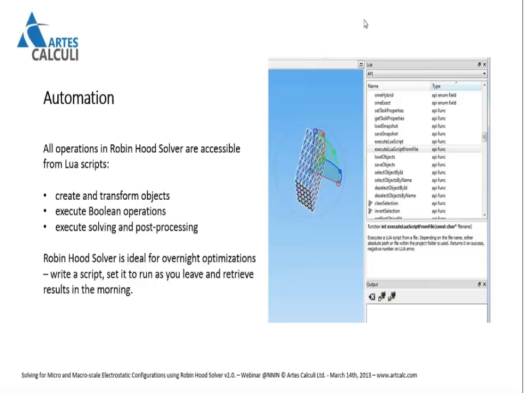The integration of the Lua language, fully integrated inside the Robin Hood solver, makes our software ideal for overnight optimization. So, for example, you can simply write a script to optimize your model, set it to run as you leave work, and retrieve your results in the morning. Then if you need to modify this script, you can modify it and set it to run overnight again until you achieve the desired result.